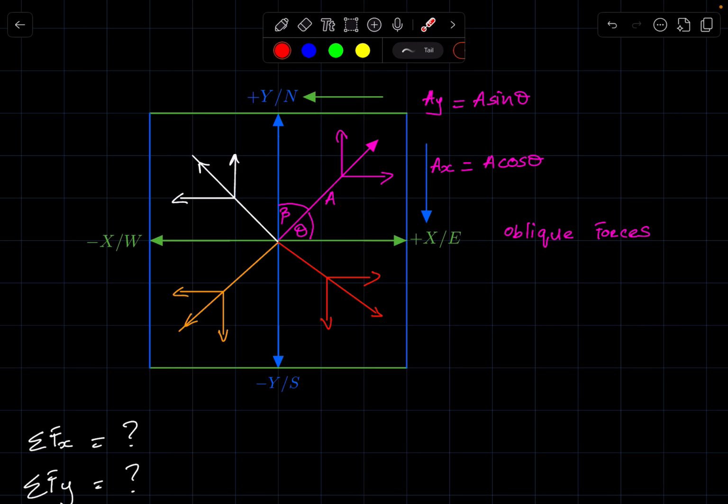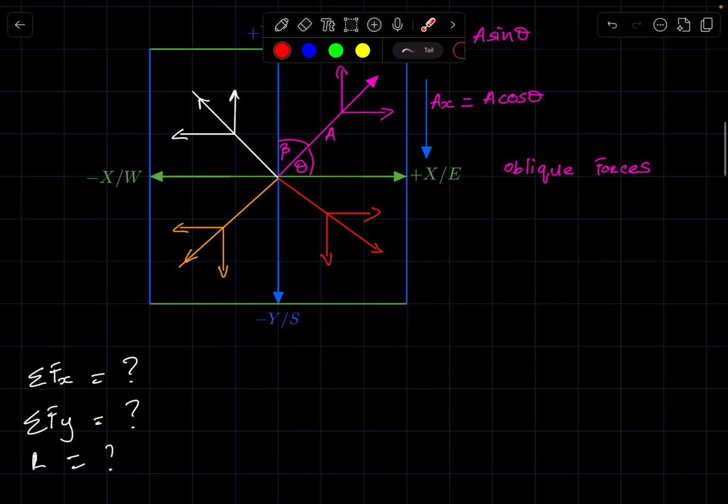So however many oblique forces you have on your system, if you have to resolve it into its components, when using the analytical method, which we are going to get to just now, use the angle that is referenced from the x-axis, so that all your x components will be in terms of cos and all your y components will be in terms of sine.